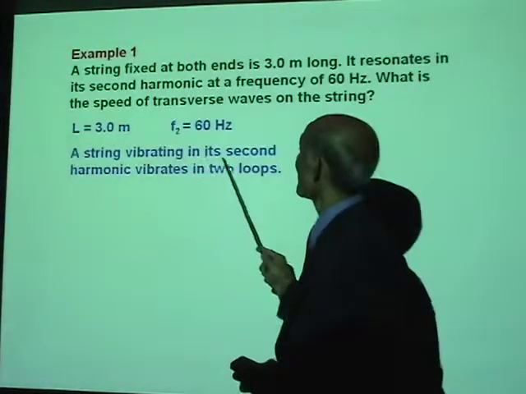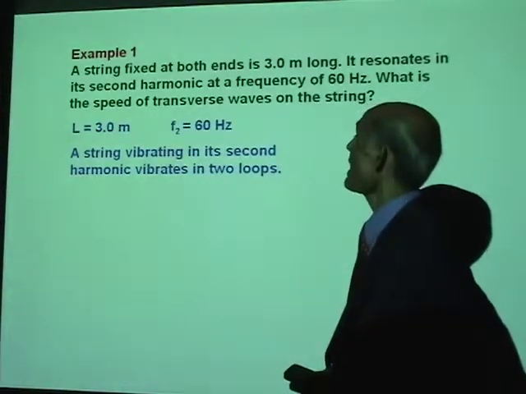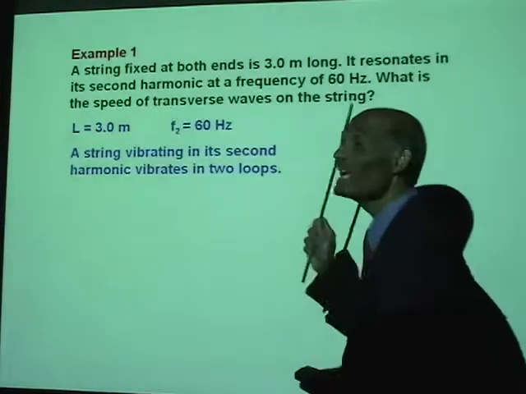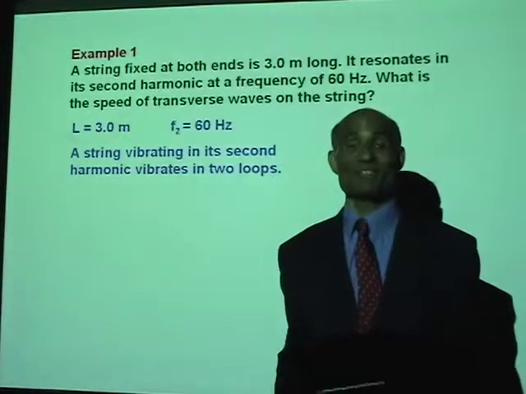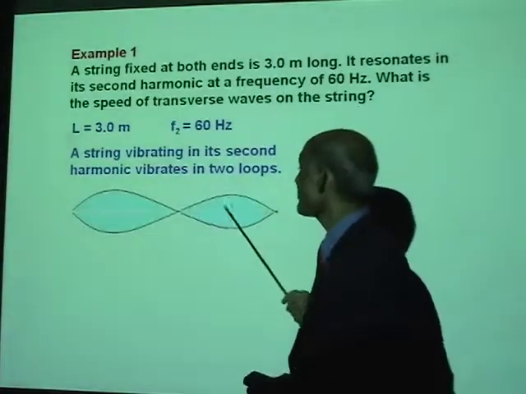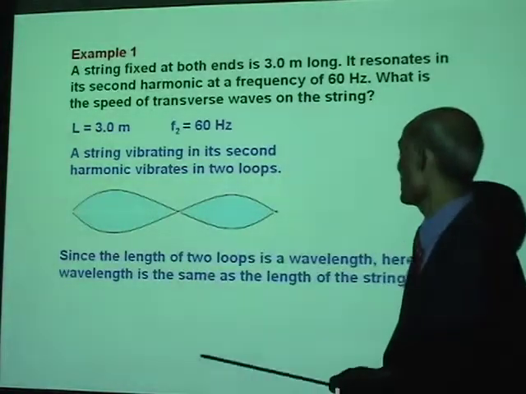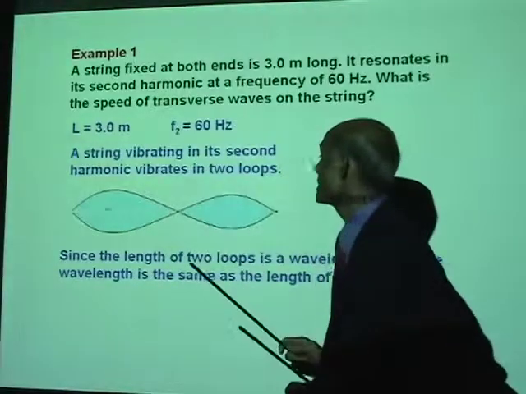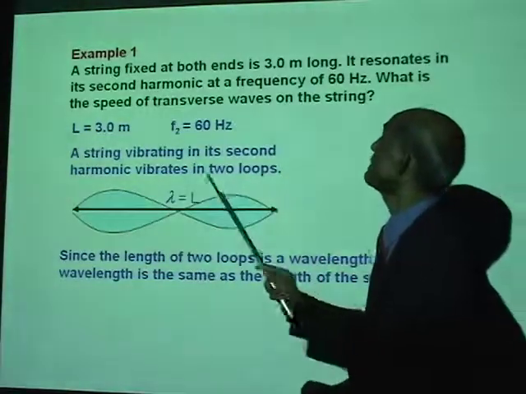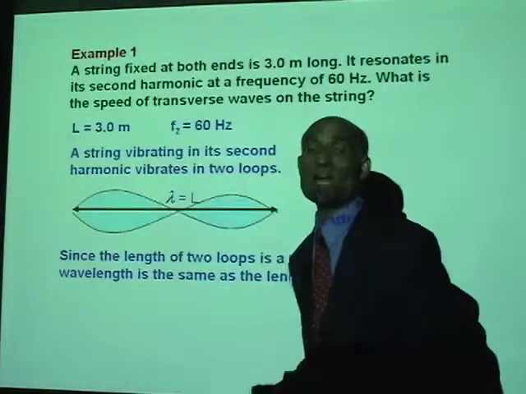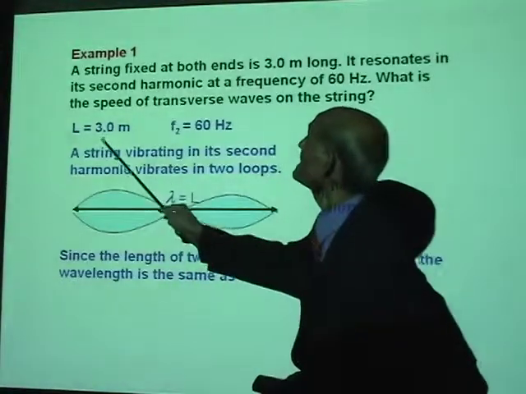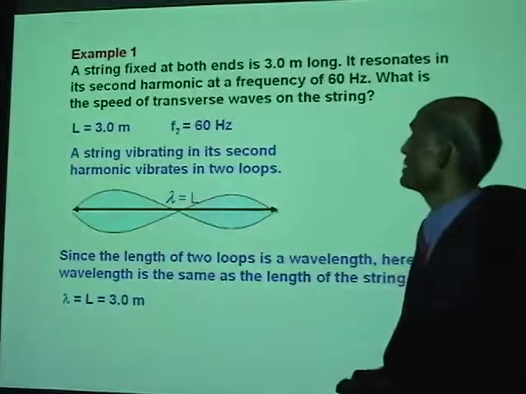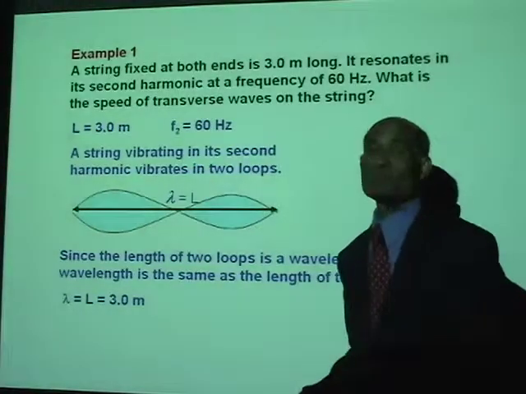Now, a string vibrating in its second harmonic vibrates in 2 loops. That means it is vibrating like this. Or the full length contains 1 wavelength, lambda equal to L. So the wavelength is the same as L, which is 3 meters.